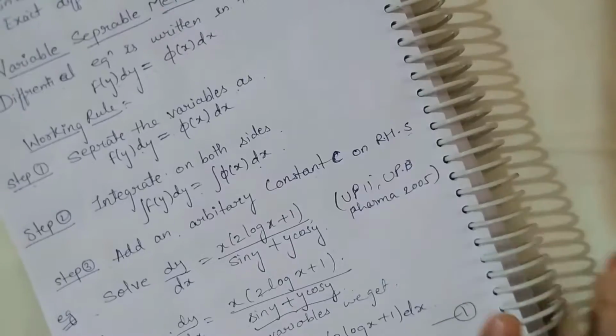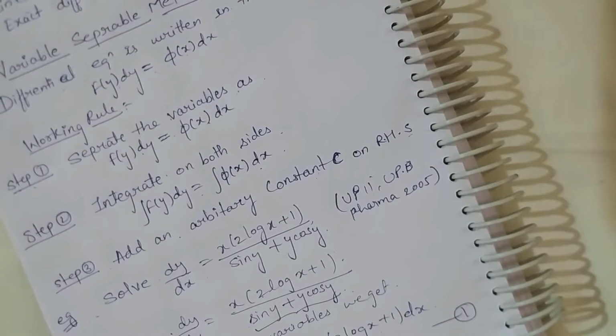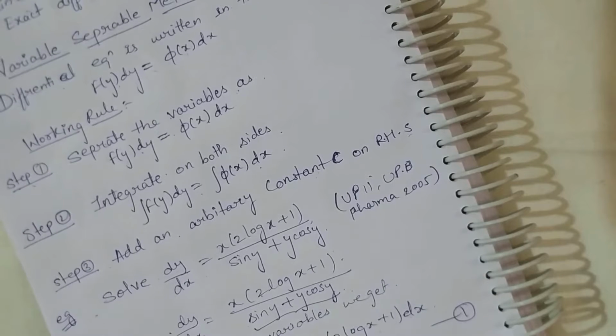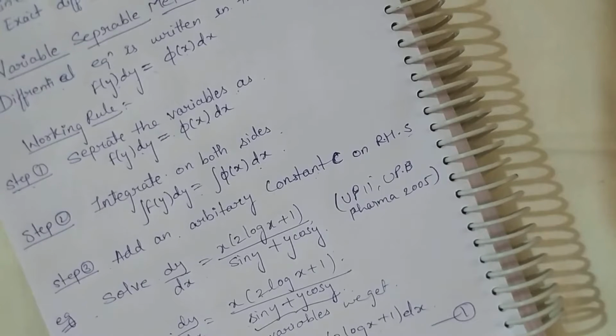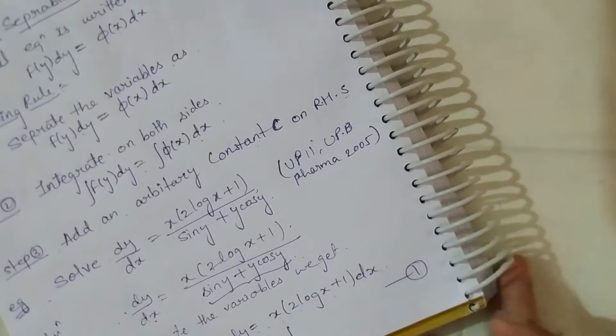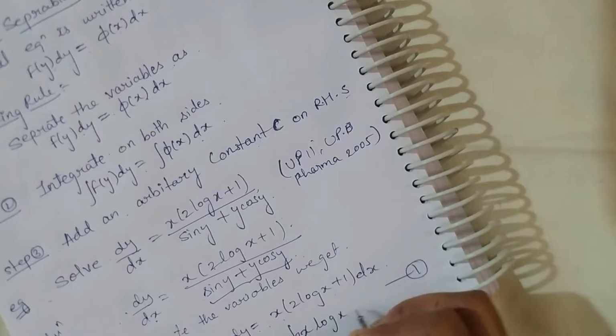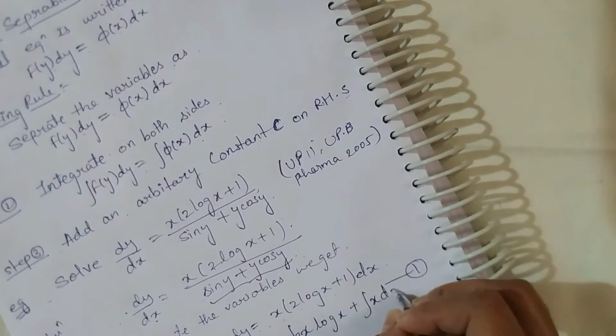We get the integration of sin y plus the integration of y cos y dy equals the integration of 2x log x plus the integration of x dx.